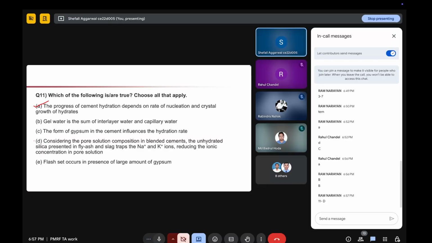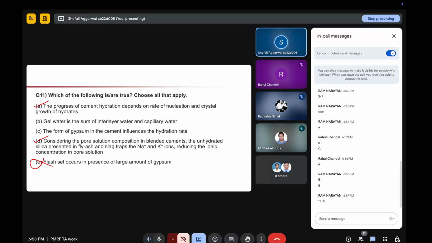Okay. E is false, correct, because only if we have less gypsum is there a flash set; we have seen the graph of increasing gypsum content and all. So E is false, D is correct, A is correct.